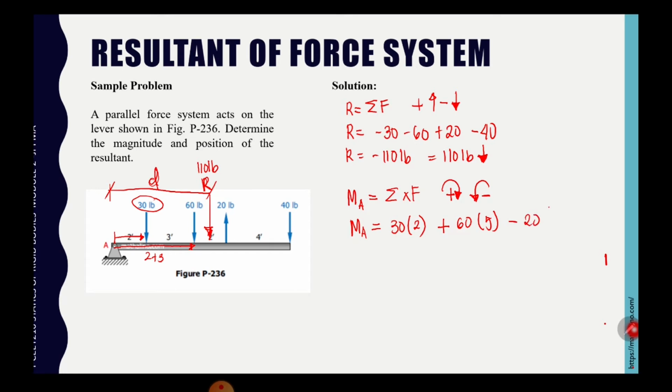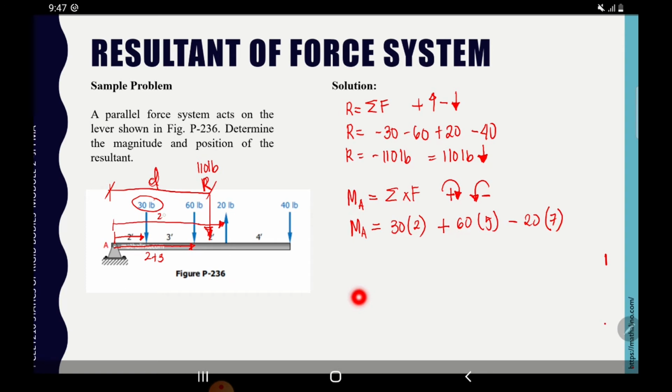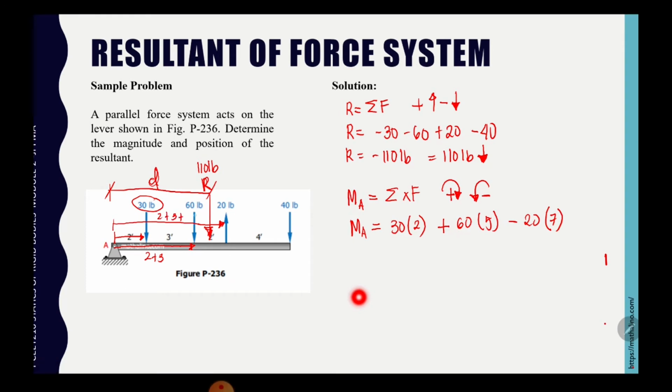Minus 20 times 7, kasi ang distance nito hanggang dito ay 2 plus 3 plus 2. Ilan yan? 2 plus 3 plus 2 is equal to 7.